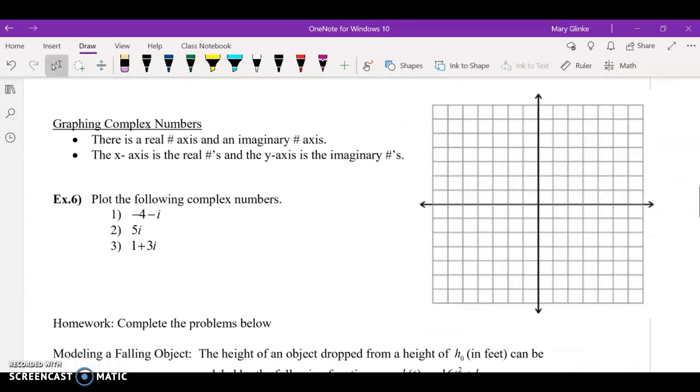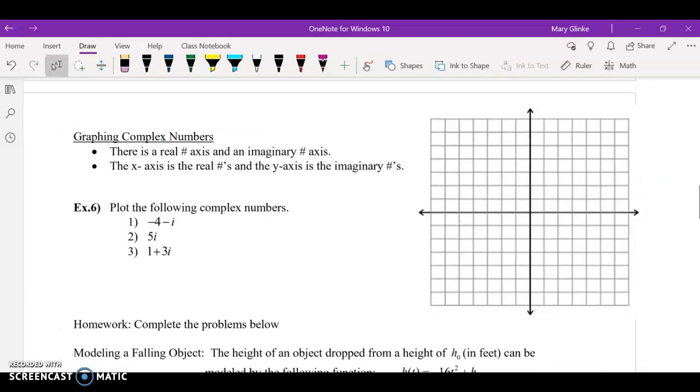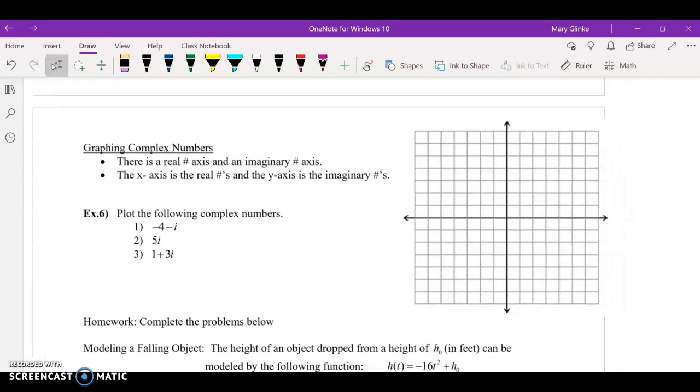The other application of imaginary numbers is going to be graphing these complex numbers. On this graph grid here, you're used to seeing the x-axis and the y-axis. To graph complex numbers, what we need to know is we have a real axis and an imaginary axis.